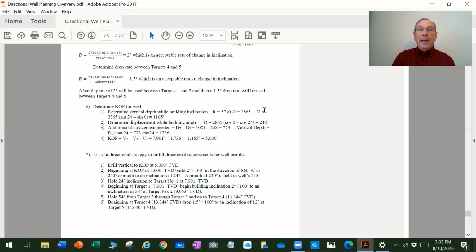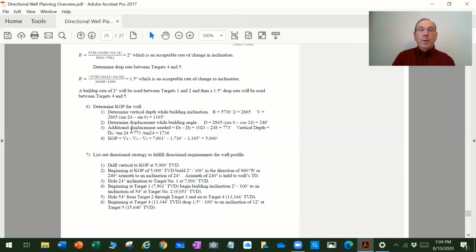The vertical depth it is going to take to build angle to 24 degrees is the 2,865 times the difference in the sine between 24 degrees and 0, which is 1,165 feet. The displacement it's going to take to go from 0 degrees to 24 degrees, using the same equation, which we've used several times, is 248 feet.